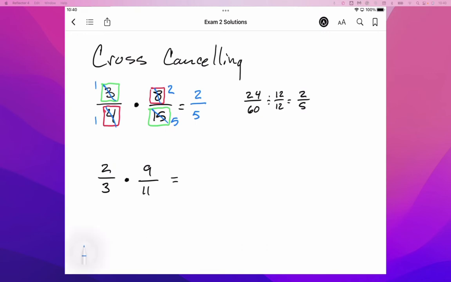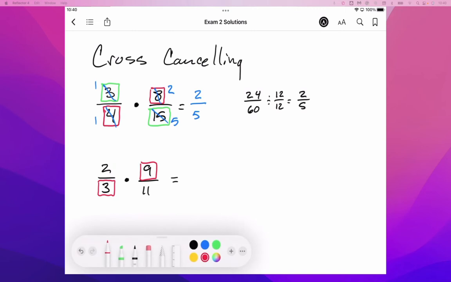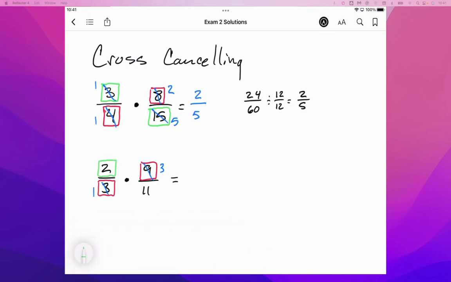So looking at the next example, I'm not going to do it the normal way. First, we're going to look and say, okay, do 3 and 9 have any common factors? And they do. They both share a 3. So I could divide 3 by 3 and get 1. I can divide 9 by 3 and get 3. 2 and 11 do not share any common factors.